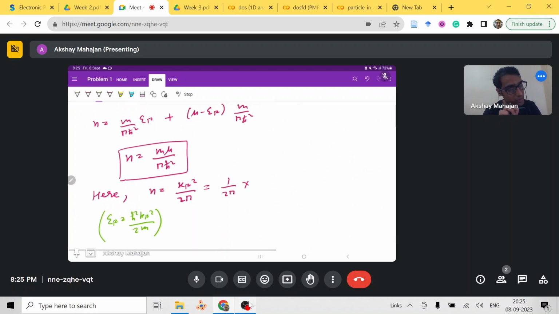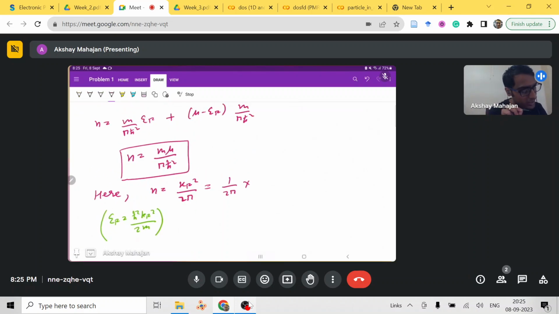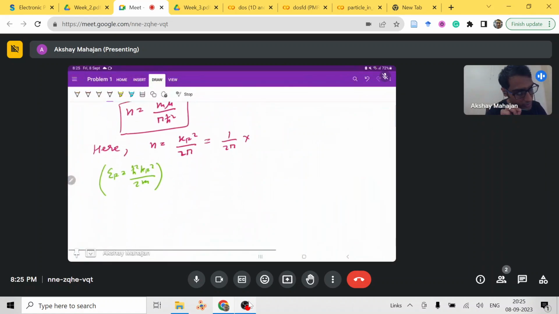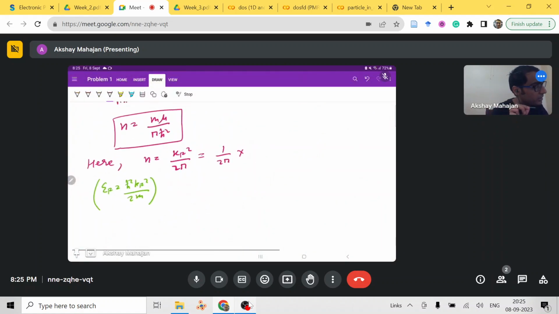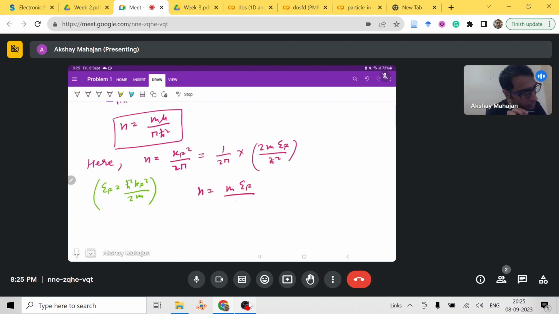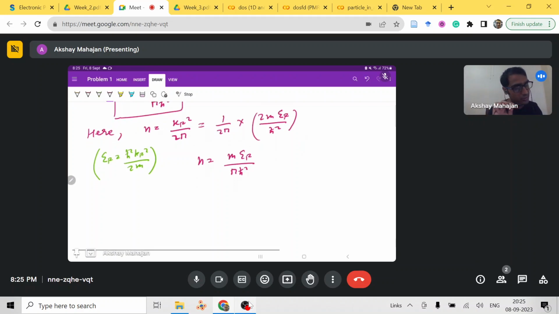Let me just write it in green. Alright, so I can write my kf from here: kf square is 2m epsilon f by h phi square, from this equation in green. So I get n equals, cancelling out, m epsilon f by pi h phi square, right? So we have m epsilon f upon pi h phi square.